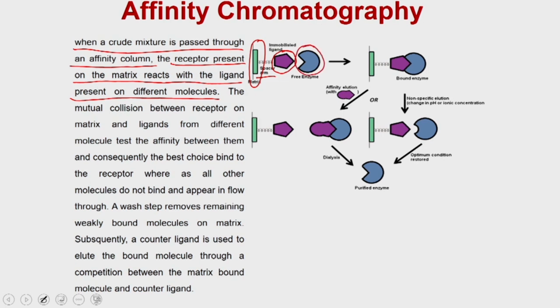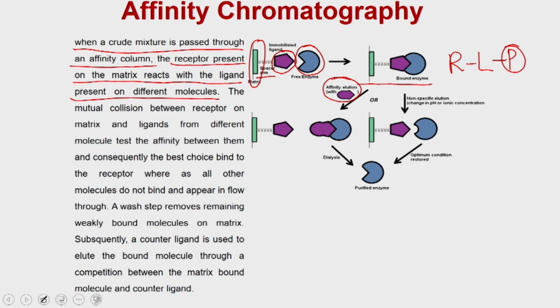Now, this enzyme is going to bind, and the rest of the biomolecules which are present in the crude mixture are not going to bind. So, you are going to have the receptor ligand protein complex, and ultimately you can add another ligand which is going to be the affinity elution, which means you are going to add a competitive ligand.